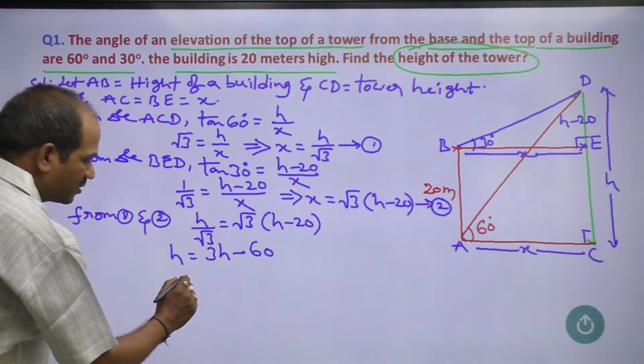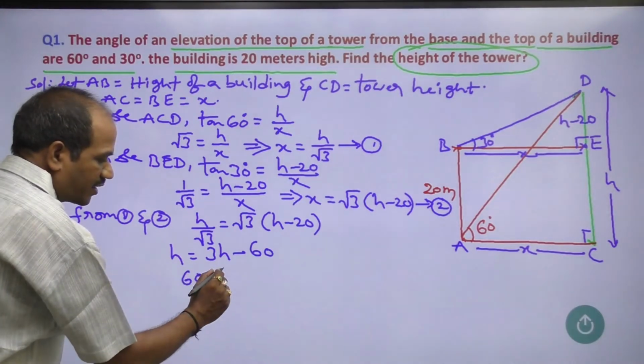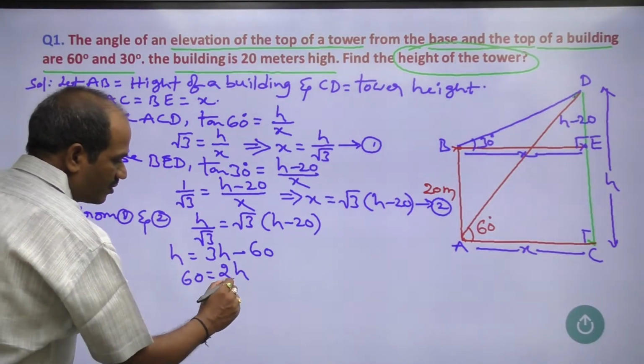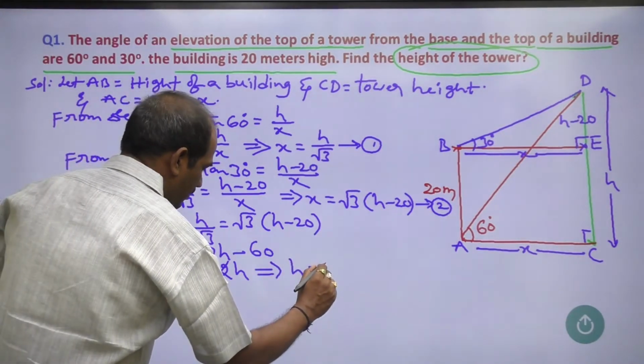Taking 60 to this side, 60 is equal to 3H minus H, that is 2H. The 2 gets cancelled, so H is equal to 30.